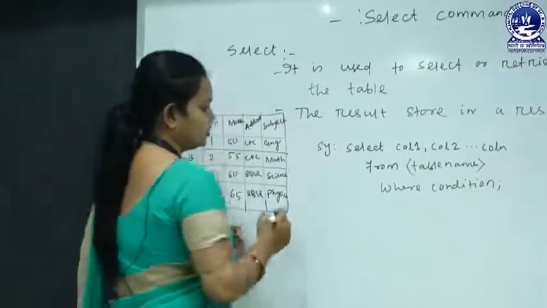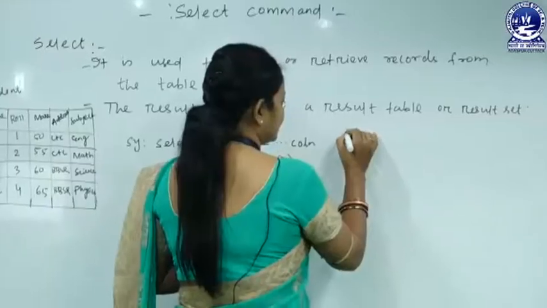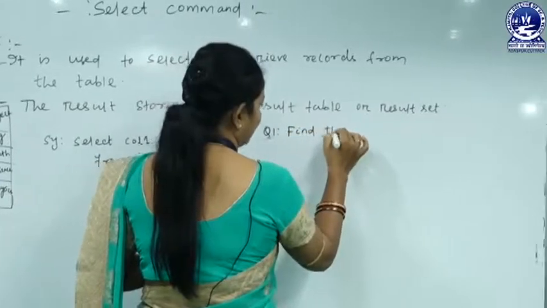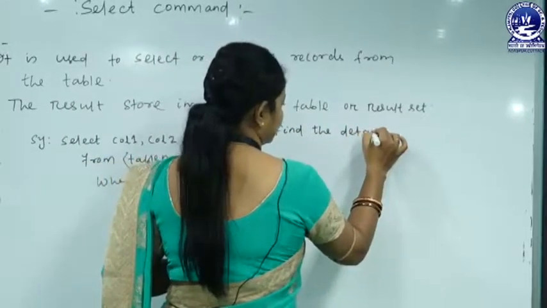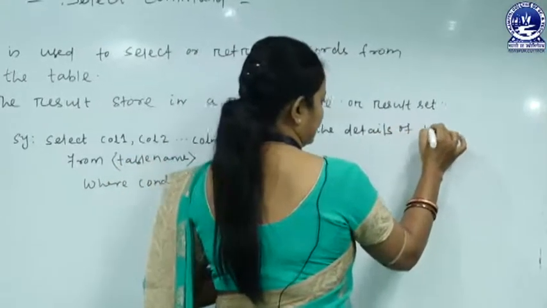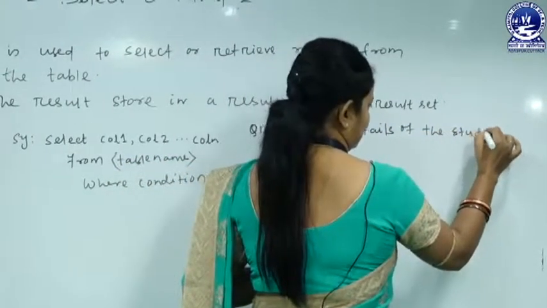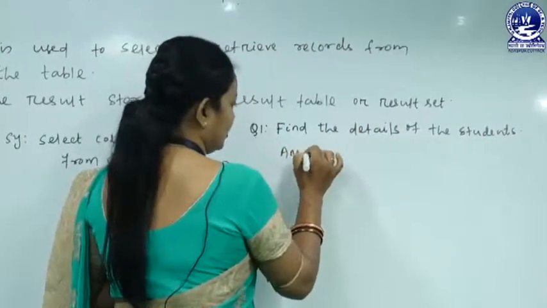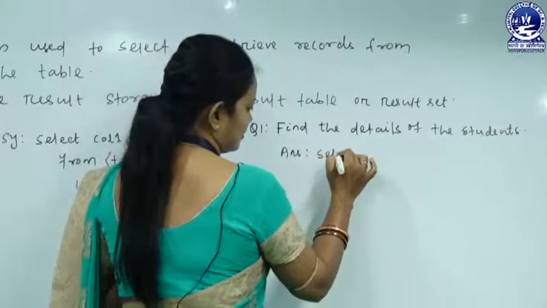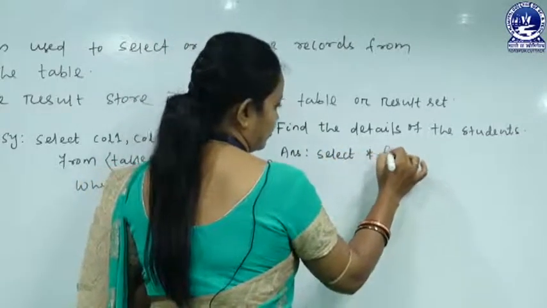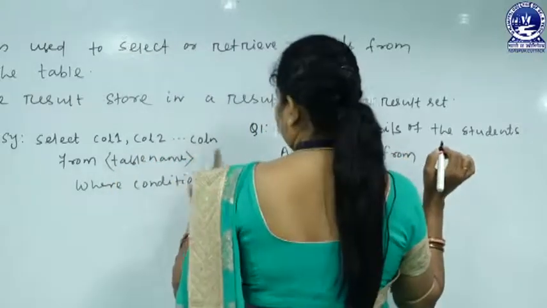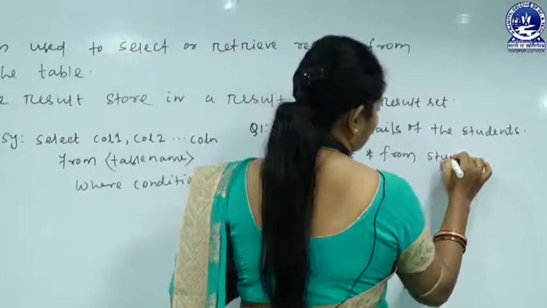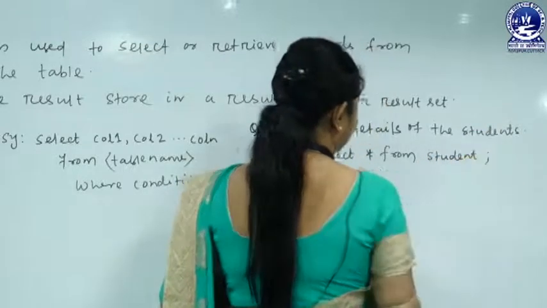Next we will see an example based on this student table or student relation. Suppose the given query is, find the details of the students. For that we have to write the query: select star from, according to the syntax we have to mention the table name, that is student, followed by a semicolon.